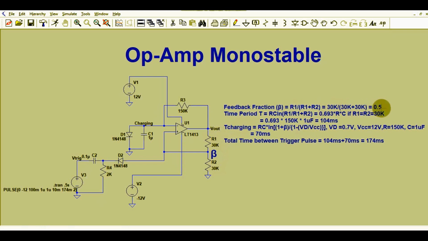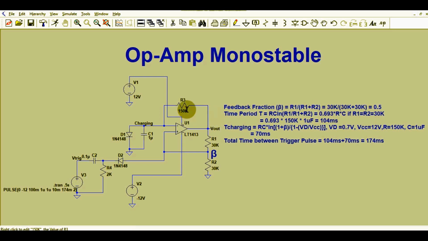This is the feedback fraction. Now if you want to calculate the time period T, the time period T equals RC ln, that is natural log, of R1 divided by R1 plus R2. If R1 and R2 are both the same, in our case 30K, you can further solve this formula and you will get 0.693 into R into C, right?